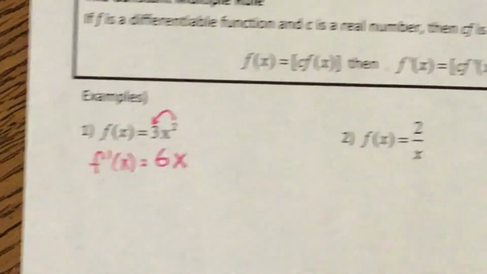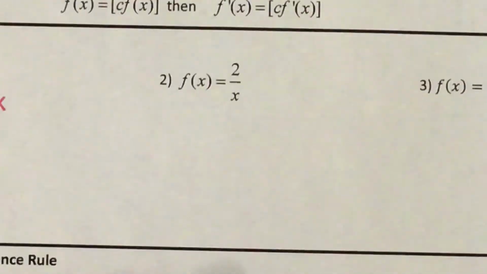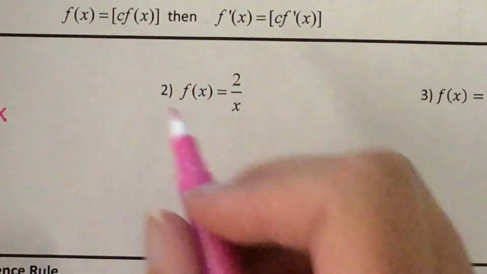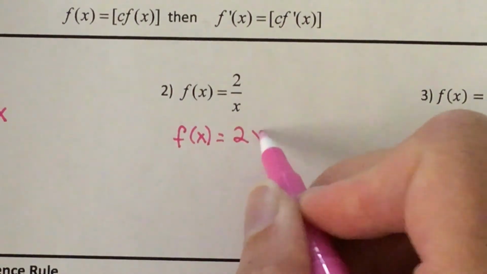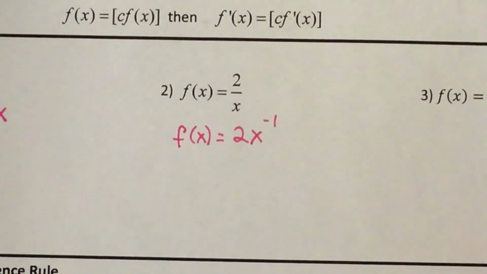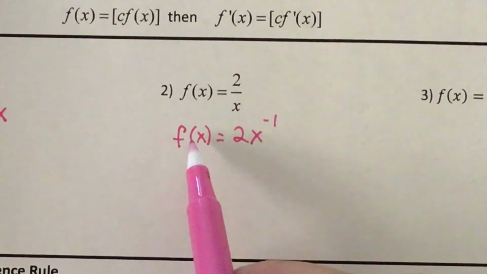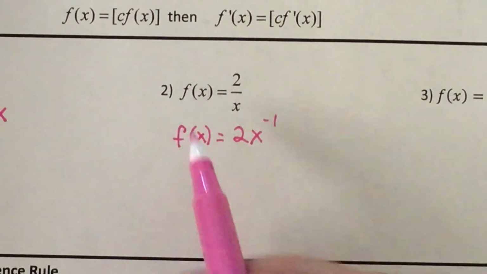Number 2, we have f of x equals 2 over x. X is in the denominator, which means that that is the same thing as 2x to the negative 1 power. I have not taken a derivative yet because there's no prime right there.